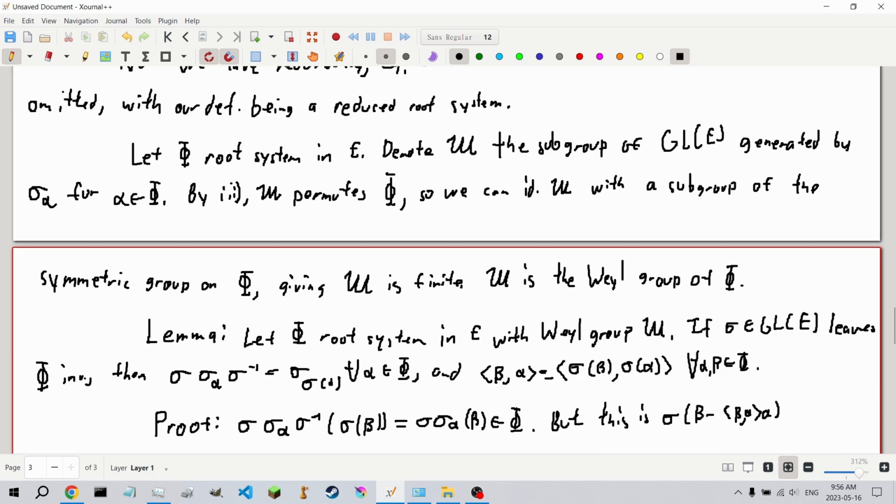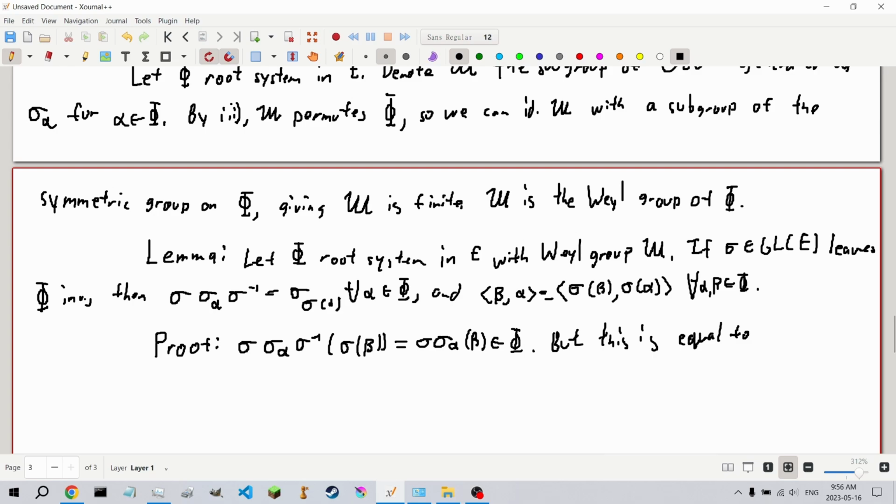I'm going to just write this on a new line. Sigma_alpha of beta is beta minus the bracket of beta and alpha on alpha by definition of the reflection, which is then going to give us sigma beta minus the bracket of beta and alpha on sigma alpha. We can just split sigma across all this.